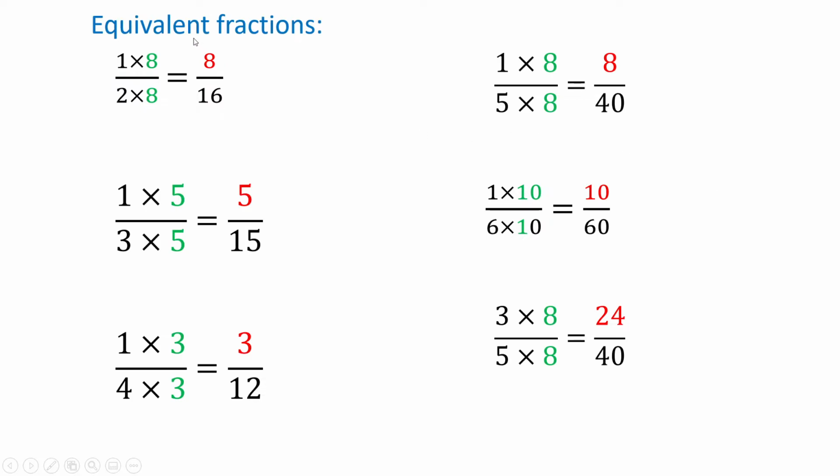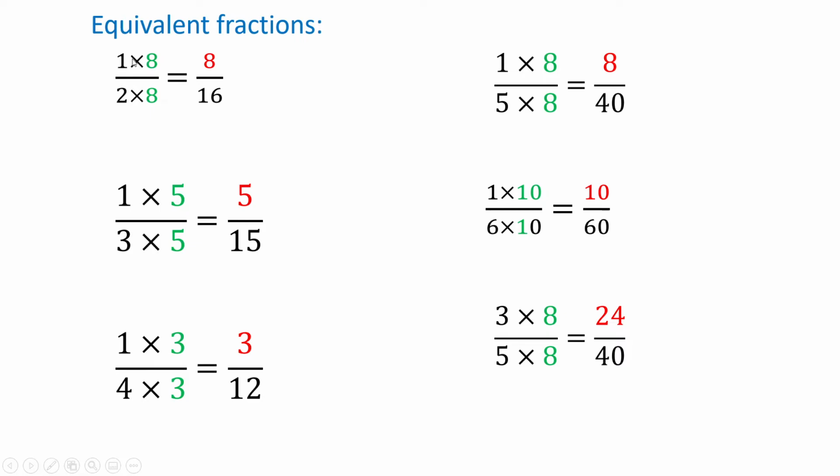Equivalent fractions. 1 times 8 equals 8, 2 times 8 equals 16. So what we're doing here is, for equivalent fractions, if you want to make them the same, let's say we want to get another example for this.